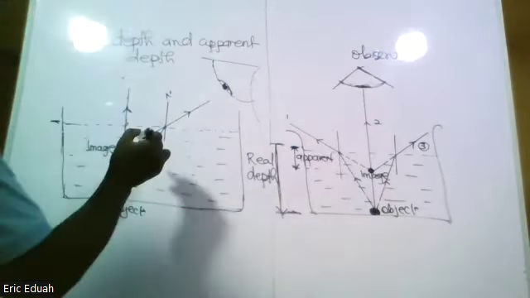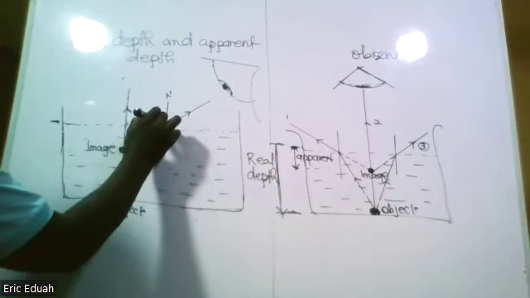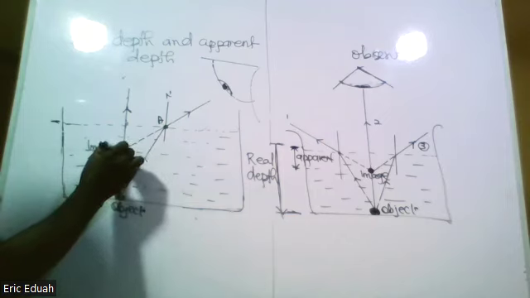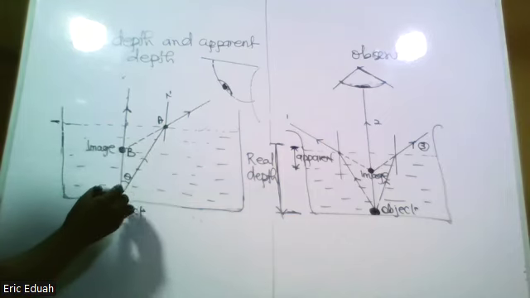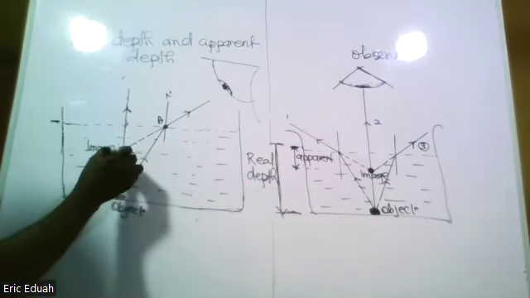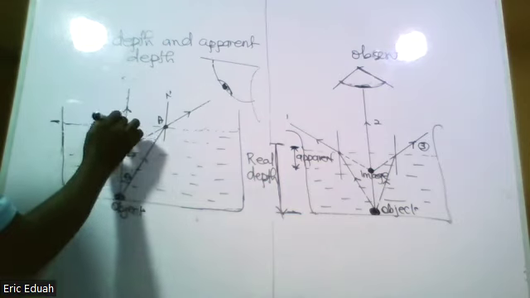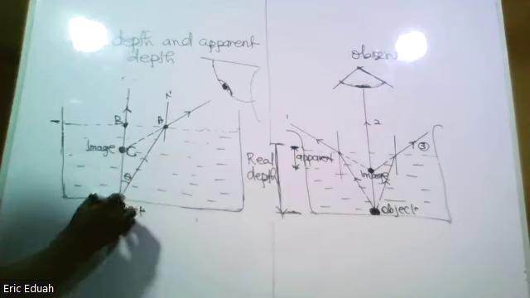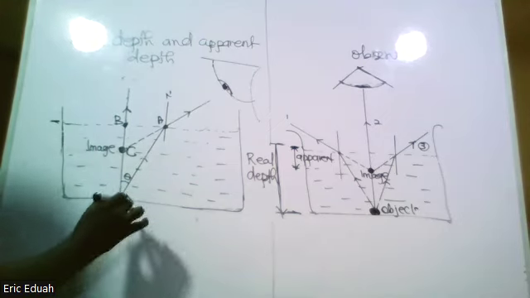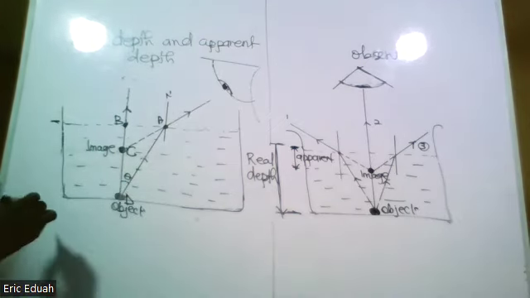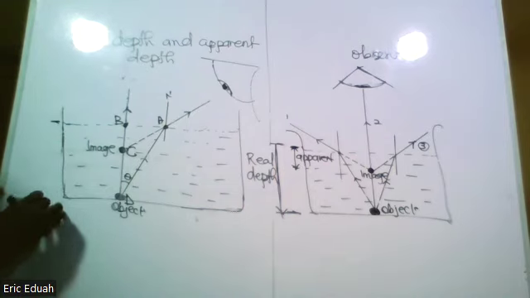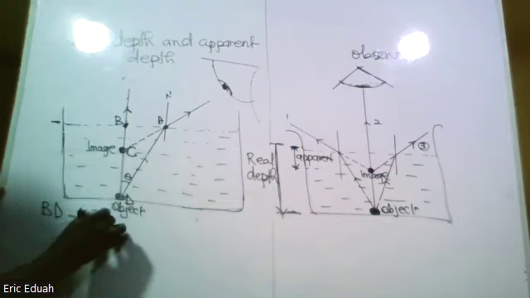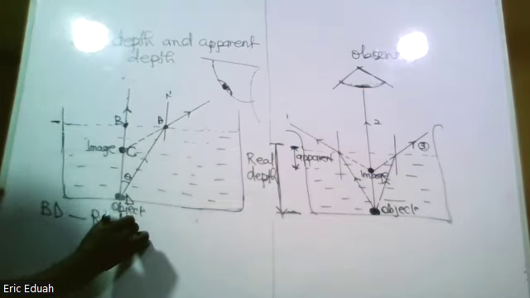So if, let's label maybe A, B, okay, A, B, this point B, C, and D. The distance BD becomes the real depth, height.